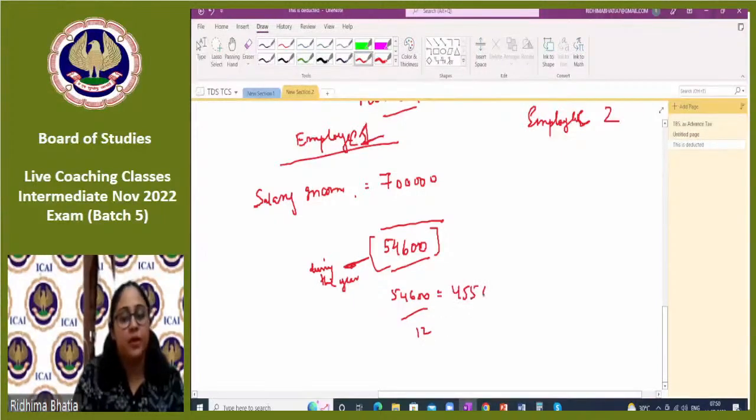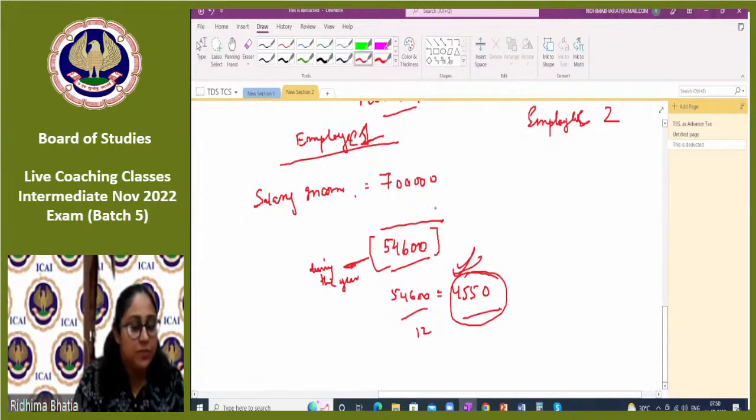And every month when he's paying the salary, he will deduct the TDS of 4,550 from every month's salary, because he computed the entire TDS liability which is coming on salary, and then he distributed that entire TDS liability over every payment of salary. Okay? This is for employee 1.